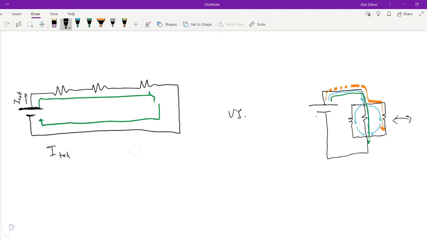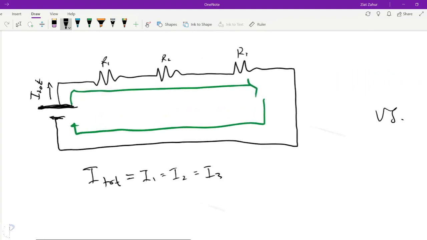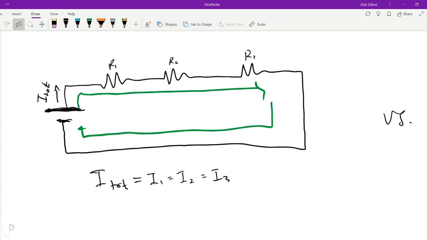Since that same I total goes through each resistor, R1, R2, R3, then the current for each individual resistor was the same, I1, I2, I3, right? And we also have to explain what the term voltage drop means.